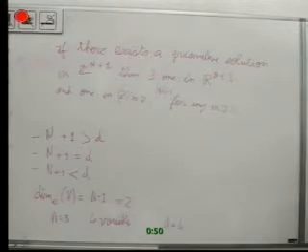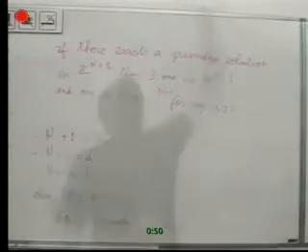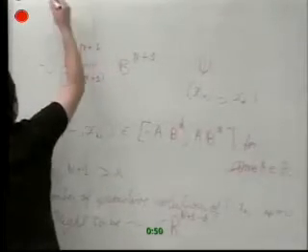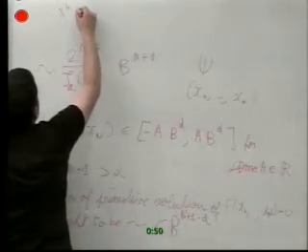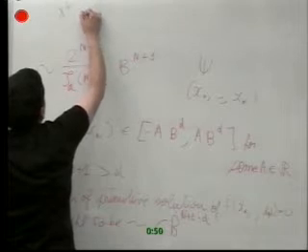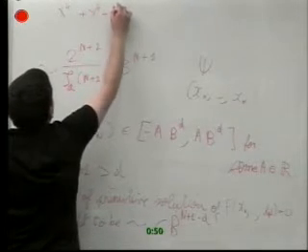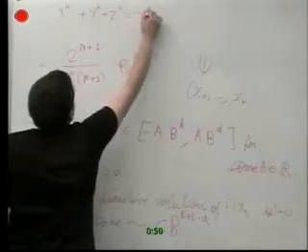So the simplest equation you can think of is the equation, which is similar to the Fermat equation, x power 4 plus y power 4 plus z power 4 equals t power 4.